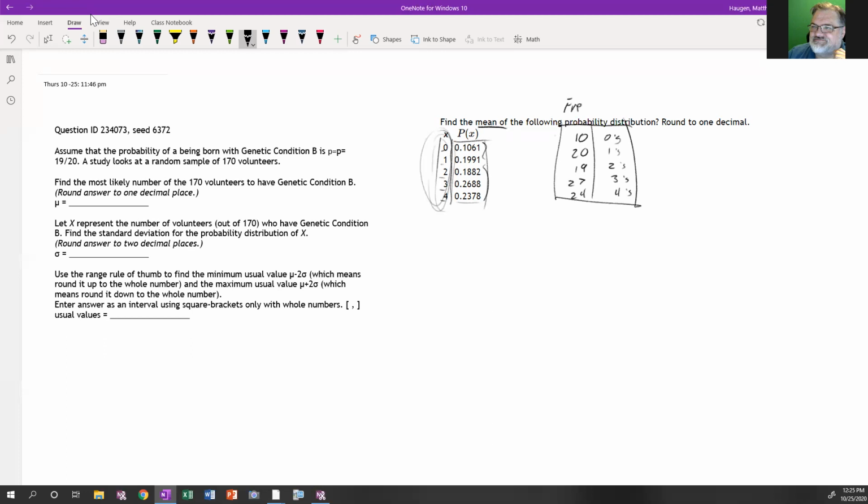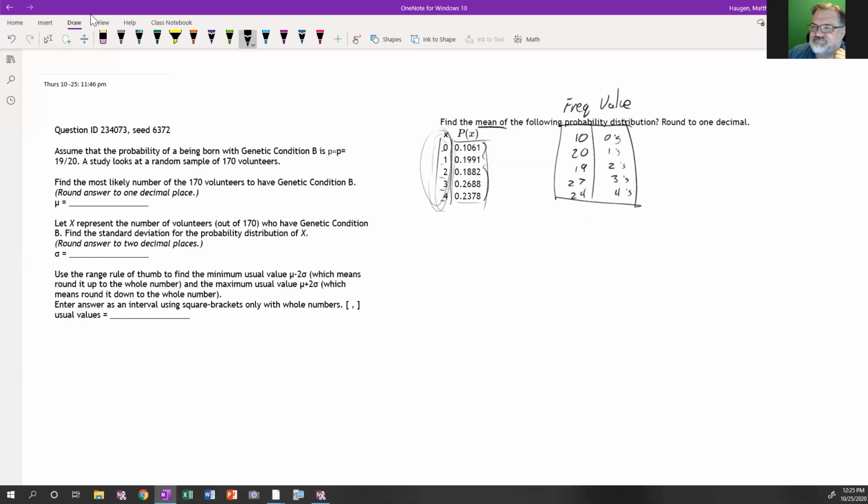But where this was our frequency and this was our data or our value. So the zeros came up 10 times, the ones came up 20 times, again, approximately based on these percentages. And we had to take into account how often each of those values were occurring to determine what the mean was, what the average is.